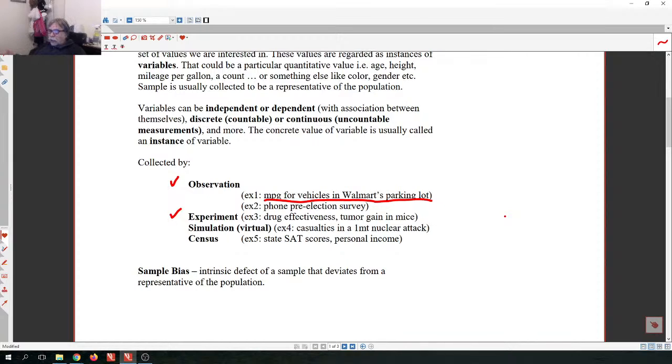Or testing drug effectiveness, in which case we probably would have two samples: one where we give people the drug, and the other where we give them something deceptive, which we call a placebo, like a sugar pill. Then we would compare the two groups.